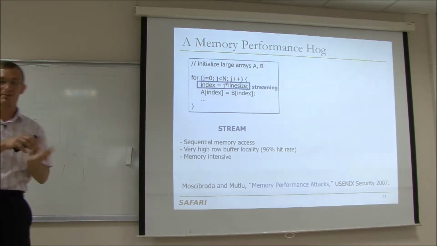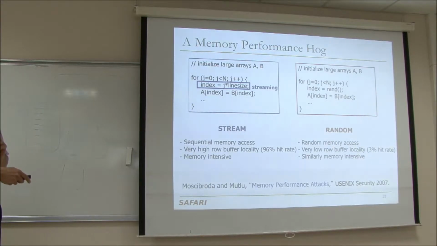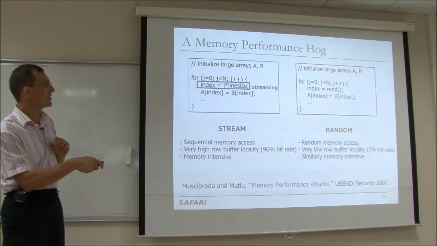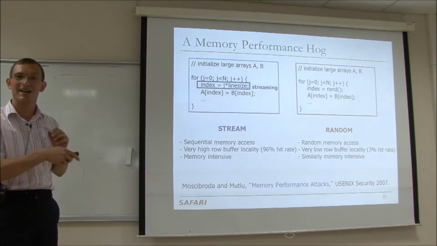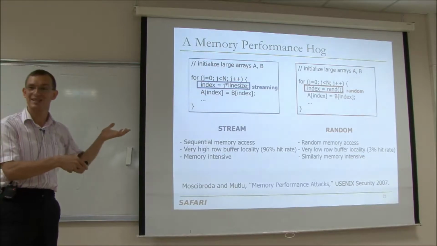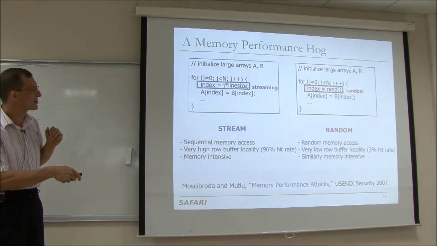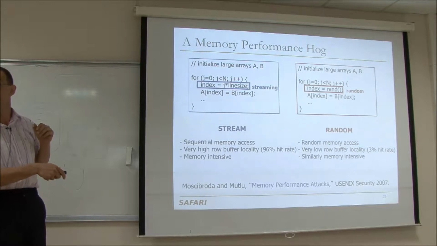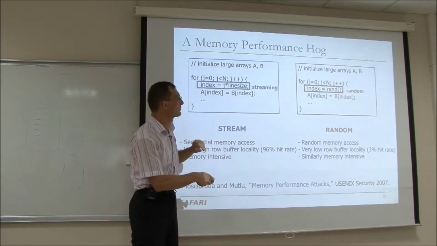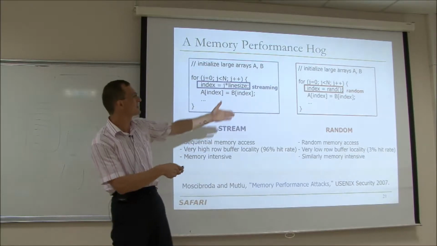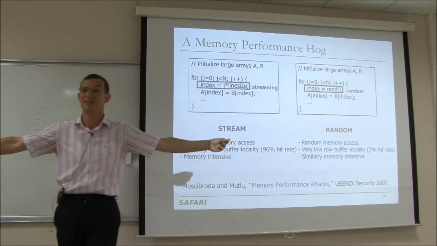Now, to do the control experiment, we also constructed a random access workload, which is essentially the same application, except when you're copying B to A, you don't do it sequentially, but in a random manner. If you look at the index, it's random here. As a result, this leads to random memory access and very low row buffer locality, because you're accessing arrays randomly. It's similarly memory intensive, because this randomness ensures that accesses are cache misses.